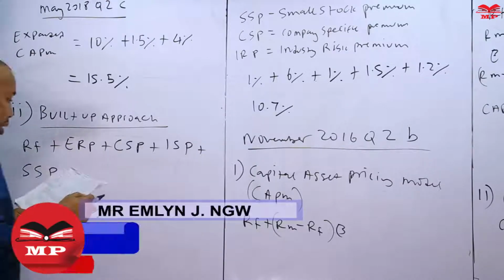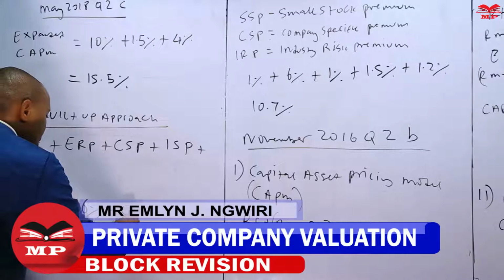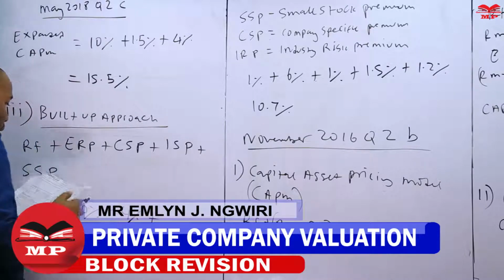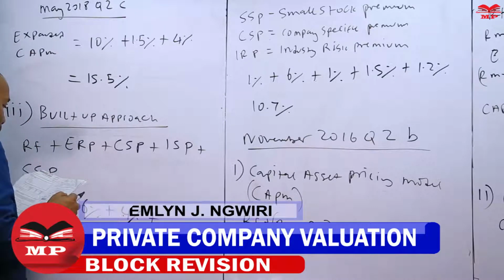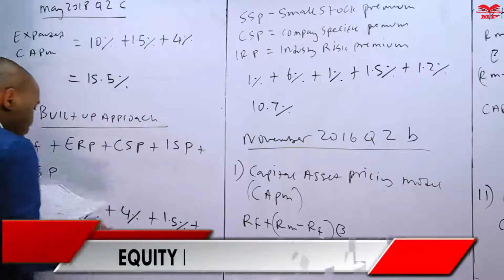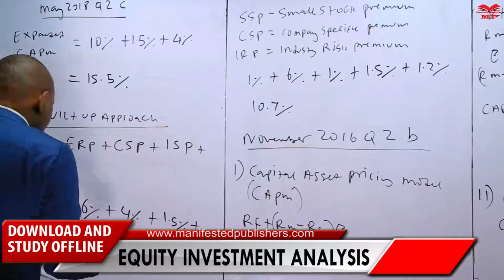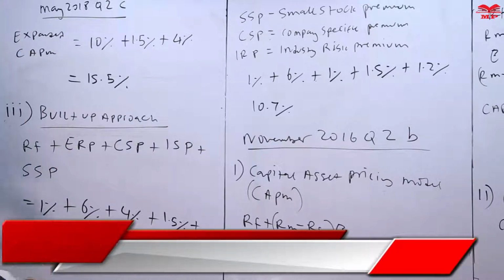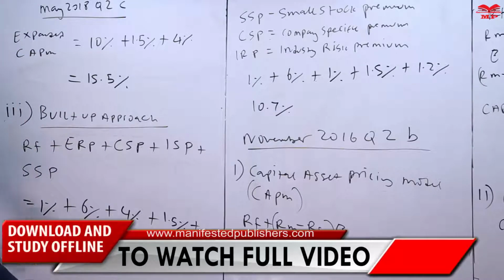Plus the small stock premium is 4%. Plus the company-specific premium as 1.5%. Plus the industry risk premium as 1.2%. So how much do we have?